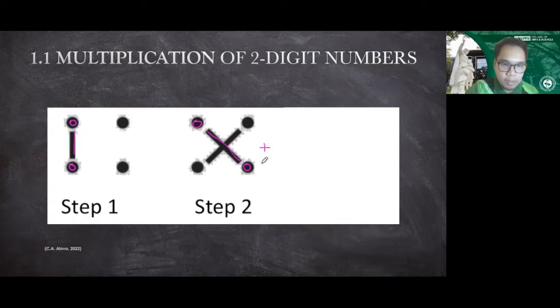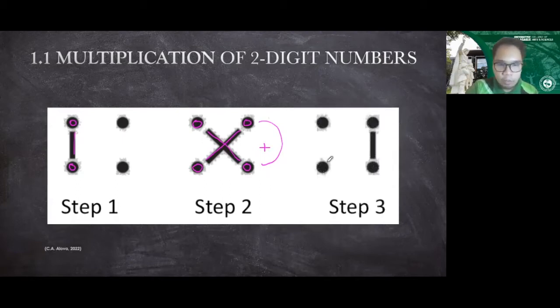We add that product to the product of the ones digit of the first number and the tens digit of the second number. We sum up the products, and that will be our tens place. Seldom there will be some carry-ons that we need to use right after this. And then lastly, again vertical, we multiply the ones digit and the ones digit. That is step 3.